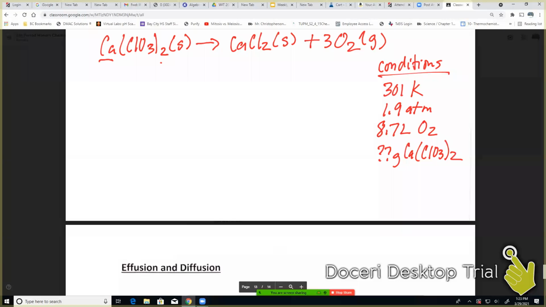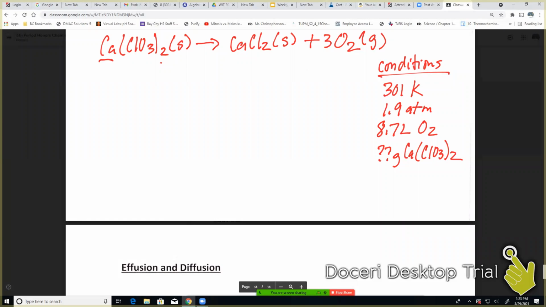So what about instead if we used ideal gas law? Because if we use the ideal gas law, we have everything except for moles of oxygen. We could use ideal gas law to find moles of oxygen. And then we could go from moles to grams to get it to the grams of our solid. So on this one, that's how we're going to have to go.